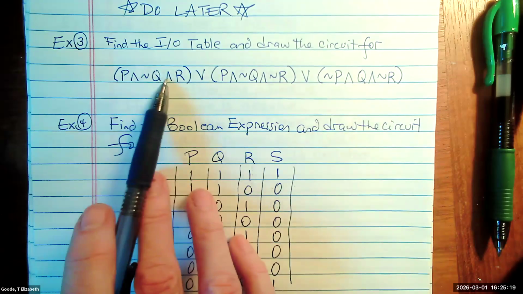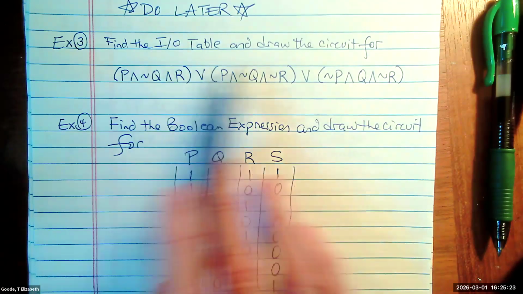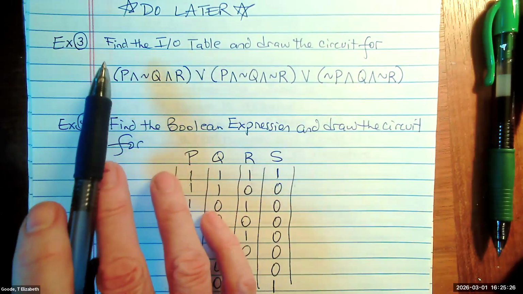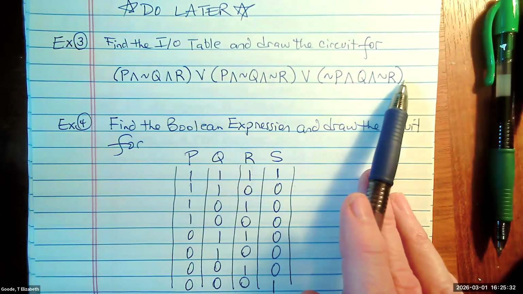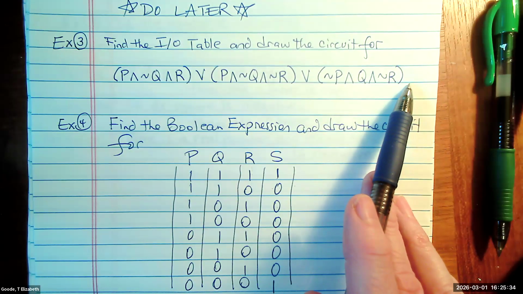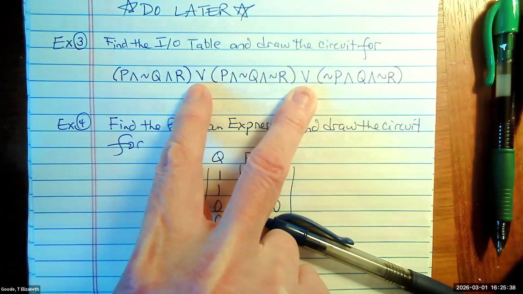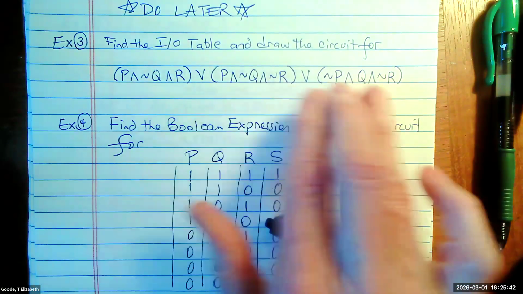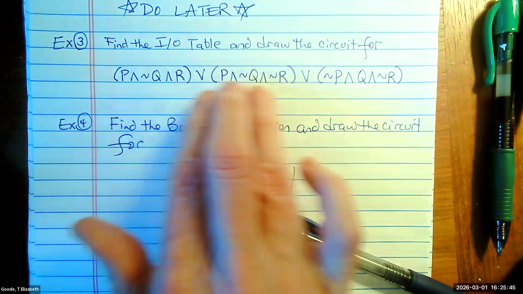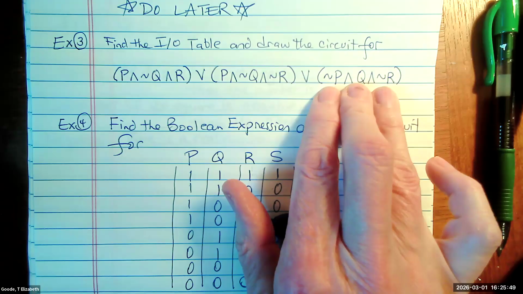This would be very typical of a question that you might see on the test, where I give you the Boolean expression. Notice it is in disjunctive normal form. The big operators are OR gates, and inside each parentheses is a complete description of an input state.